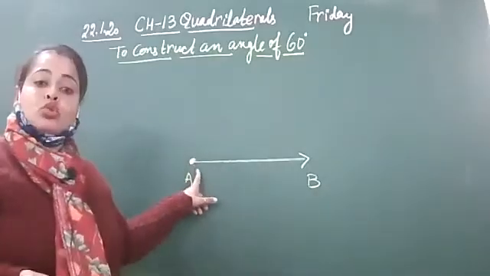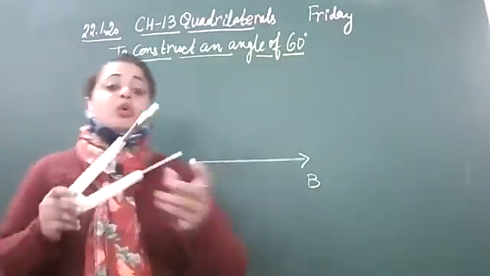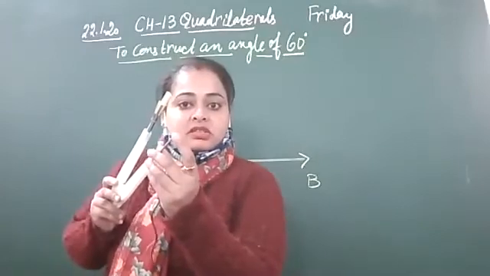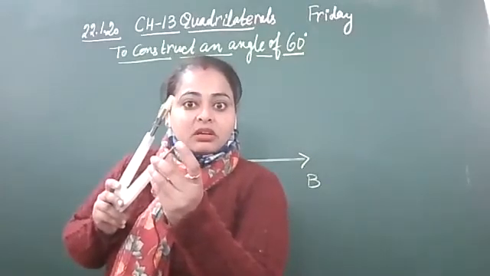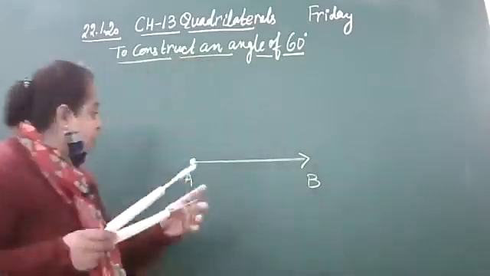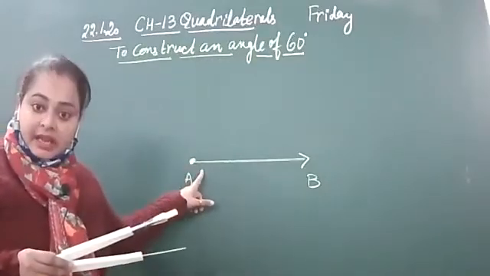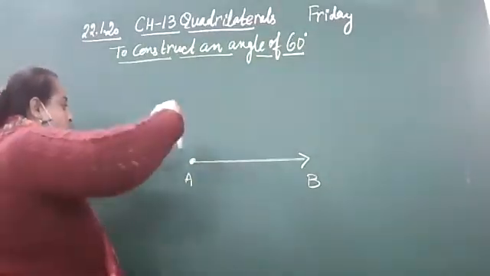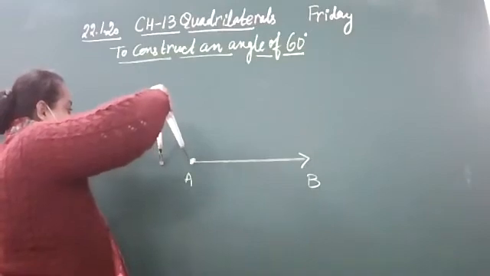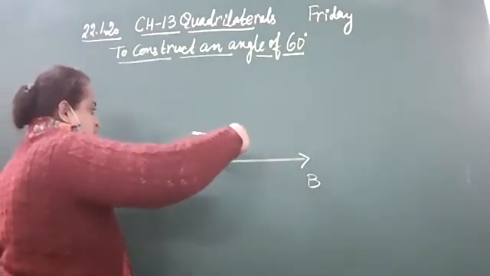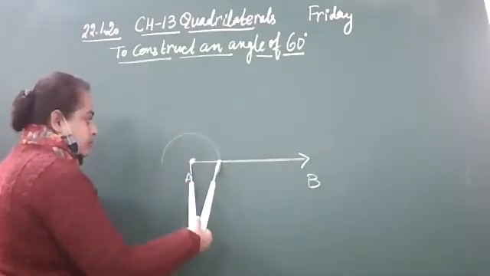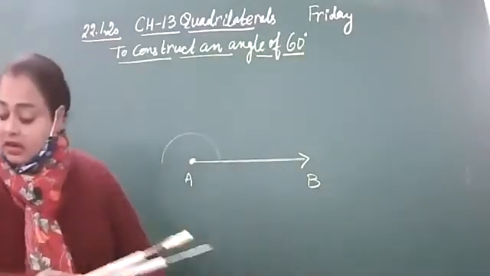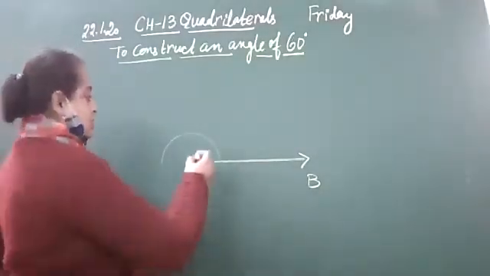The next step is to put the sharp tip of the compass at A and draw a semicircle like this. The semicircle must touch your ray.